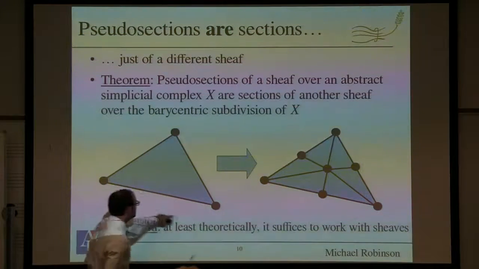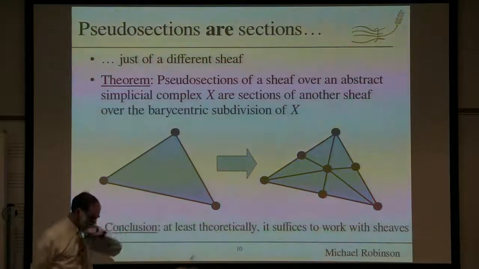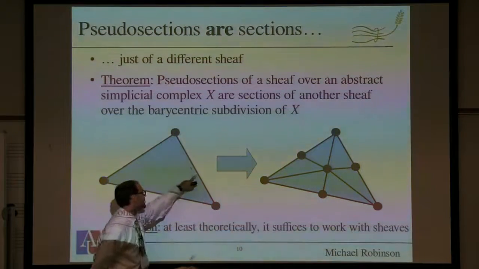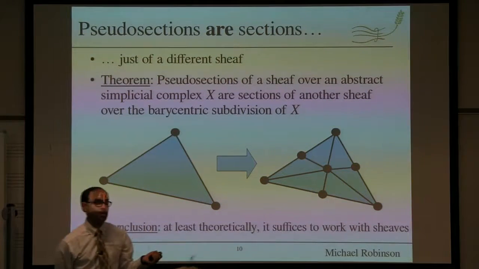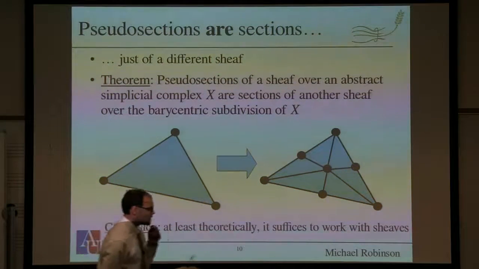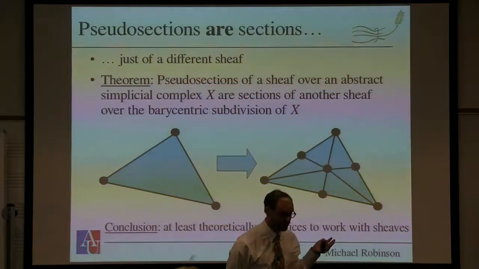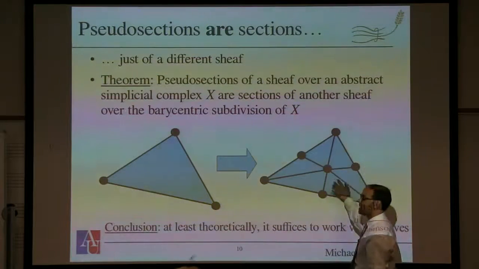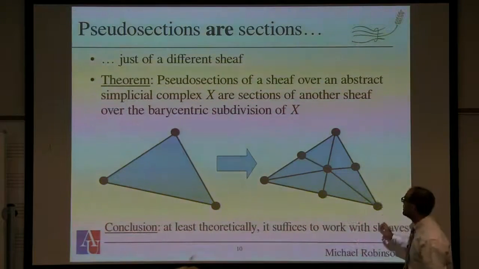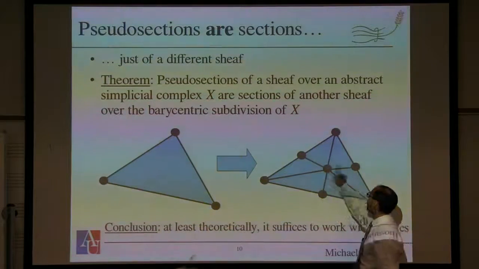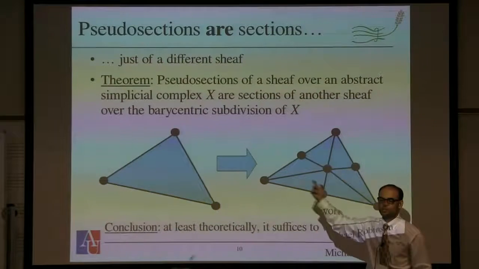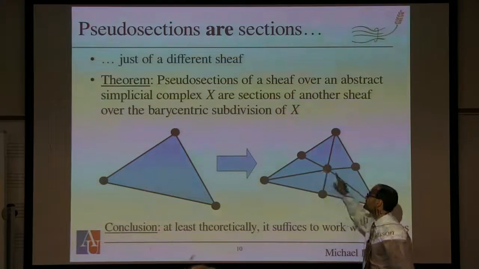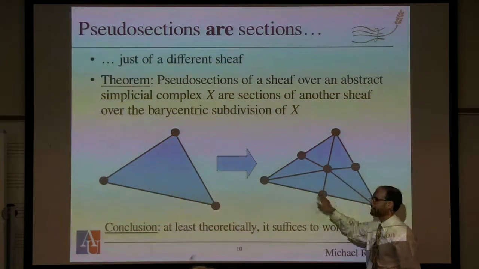So if I started out with this simplicial complex, put a sheaf over it, and then added these functions to each non-vertex simplex, so that edge, that edge, that edge, and this simplex, to check for consistency on each of those spots, really what I should be thinking of, if I want to think of this as a sheaf, I could encode those consistency checking functions into a sheaf over this barycentric subdivision, because now what I'm going to do is I'm making the stalks at each of these vertices capture the consistency requirements there by specifying only the consistent data at each of these points. And then I end up with a bunch of projection maps as restriction maps out of these things.